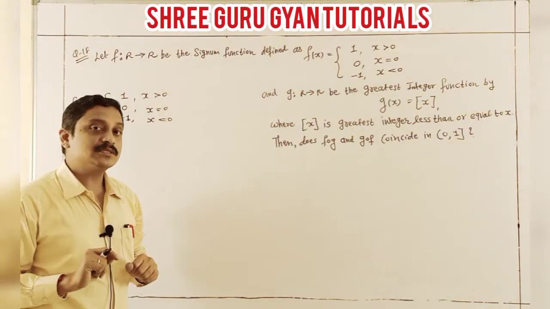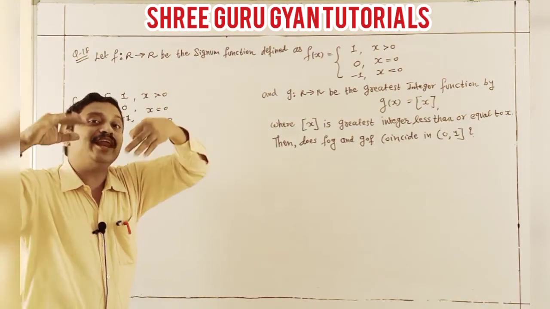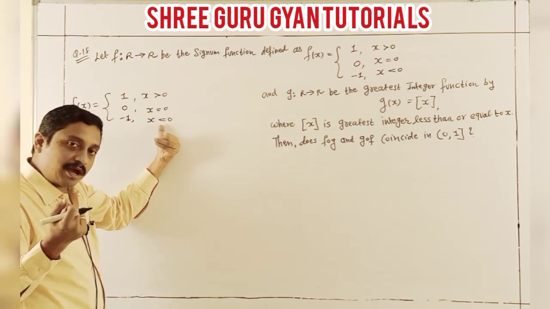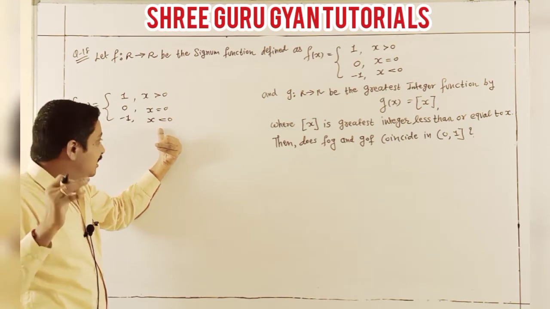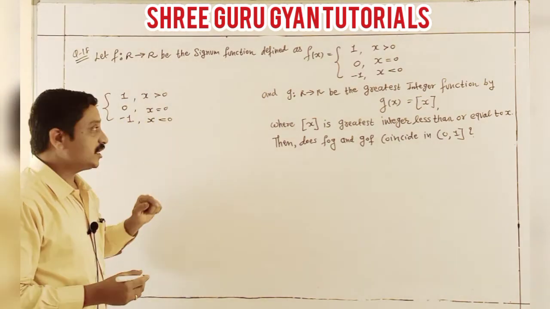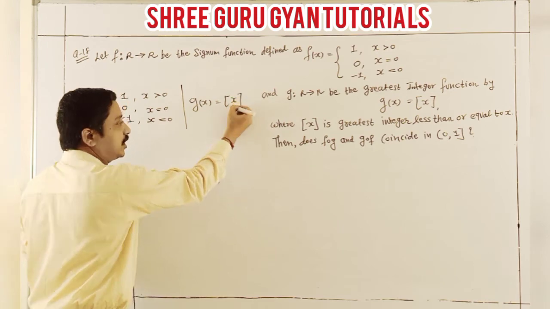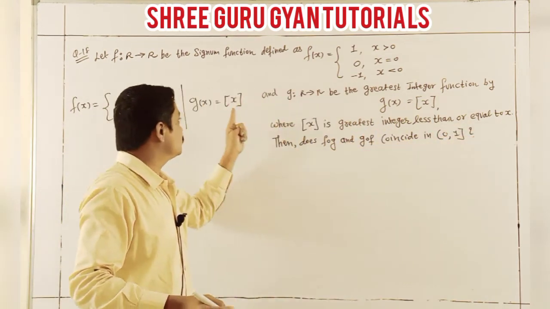It means 0.1, 0.2, 0.3, any. Same here, below 0 means -0.1, -0.2, -0.3, any. On the left side, the answer is -1. And g(x) is given as the integer function, the greatest integer less than or equal to x. Here the answers, students, must be integers.